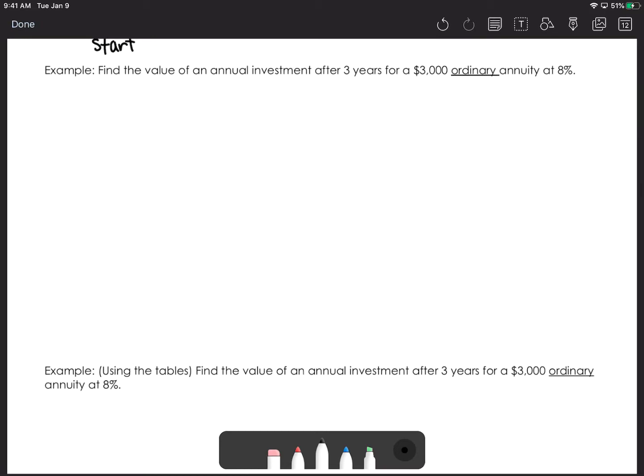So doing this by hand, we have an example where we have an ordinary annuity, and we're going to be making payments of $3,000 annually for 3 years. And it's going to be at 8% interest. Payments are $3,000, and this specifically says an ordinary annuity.